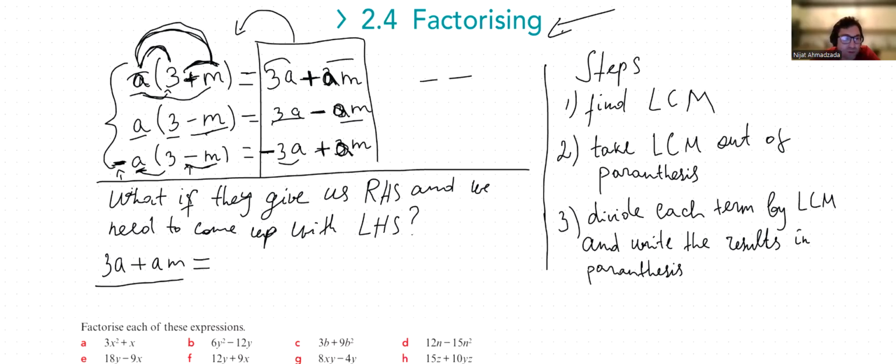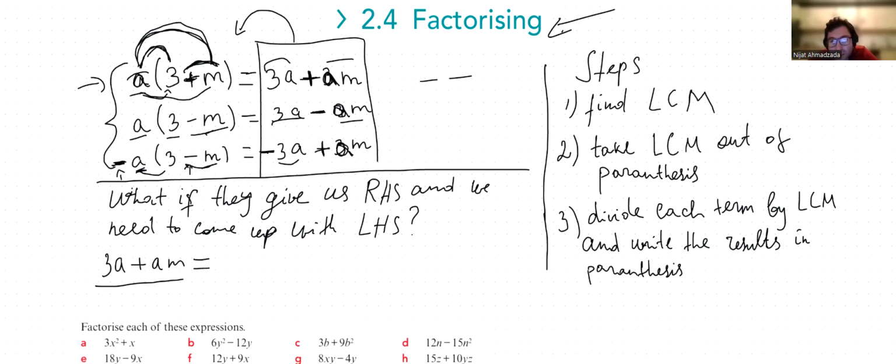From our example, we already know that that's equal to A times 3 plus M because this is the first example, right? We already know it. But if we didn't know it, how could we come up with this answer? That's something that we will learn in this video. And there are some steps.